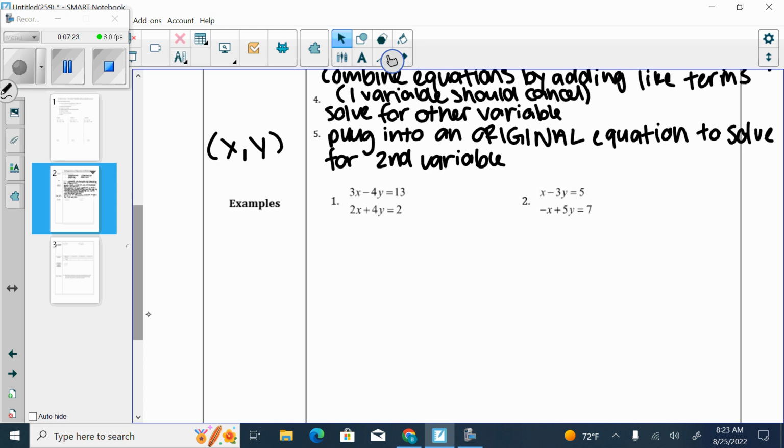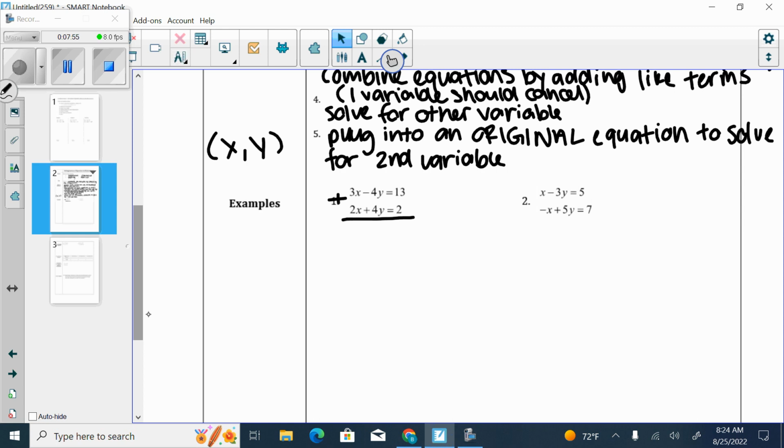Okay, and then step 2 was if it's not already written that way, you need to manipulate one or both of the equations so that one of your variables has the same coefficient but opposite signs. Do we already have that? Yeah, those y's already have that taken care of for us. So we didn't have to do anything there. And then our step 3 is to combine the equations by adding like terms, right? So basically, I'm just going to add these two equations together.